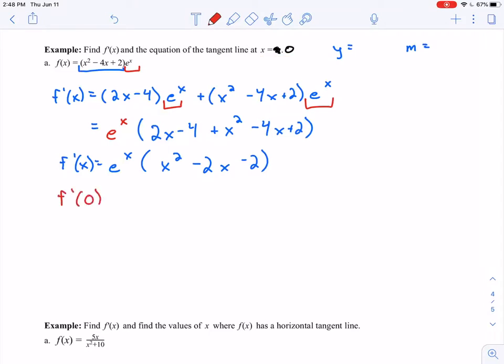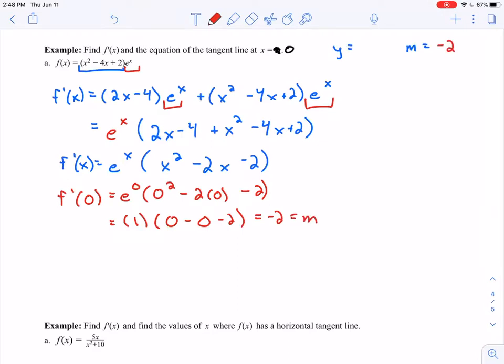So f prime of 0 is equal to e to the 0 times 0 squared minus 2 times 0 minus 2. Anything to the 0 power is 1, times 0 minus 0 minus 2 gives me negative 2. This is my slope, so my slope is negative 2.